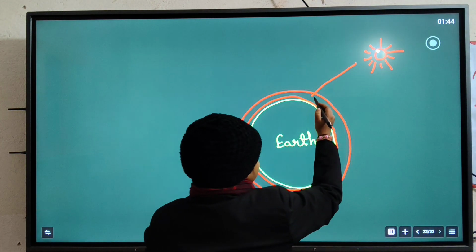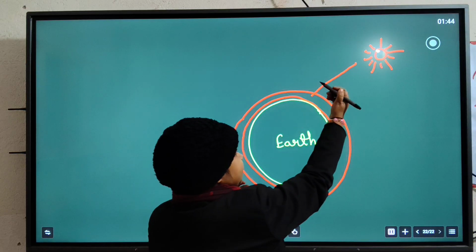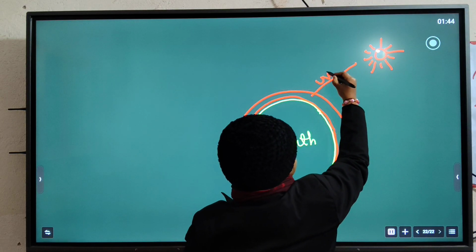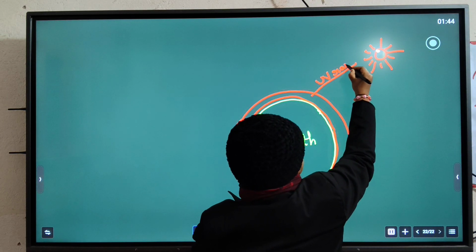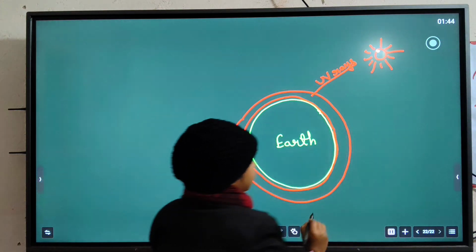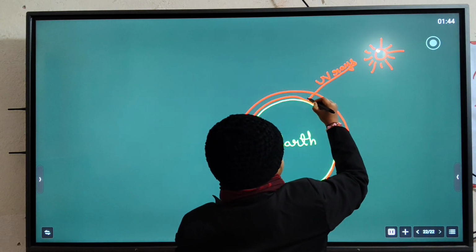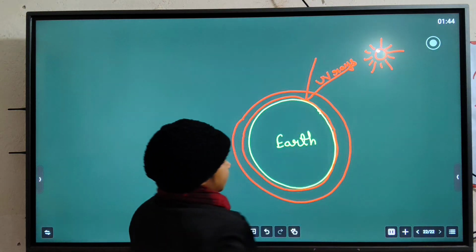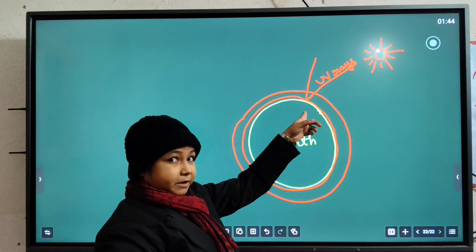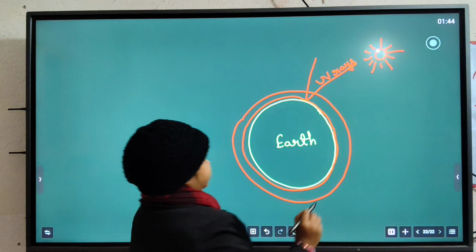That layer protects our earth from the harmful UV rays, and these UV rays are reflected back by the ozone layer present in our atmosphere.